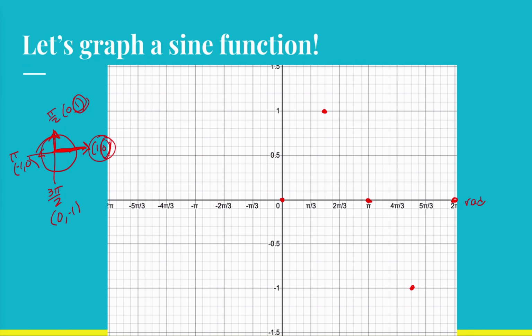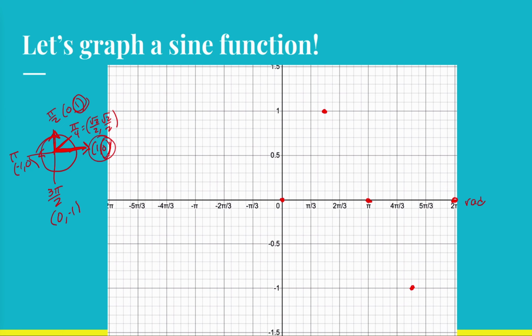But we can do a little bit better, right? At pi over 4, our coordinates are both root 2 over 2. And if you do root 2 over 2 on your calculator to get a decimal approximation, it's about 0.7.